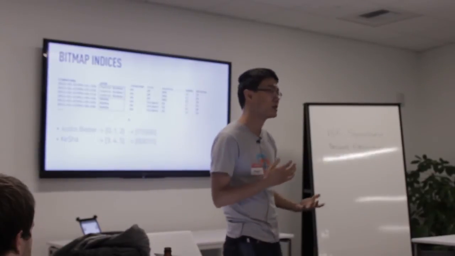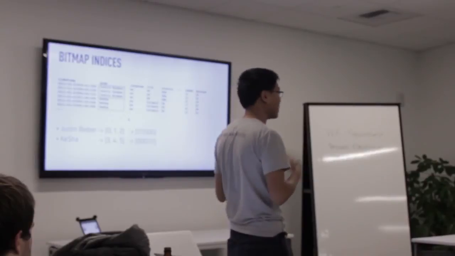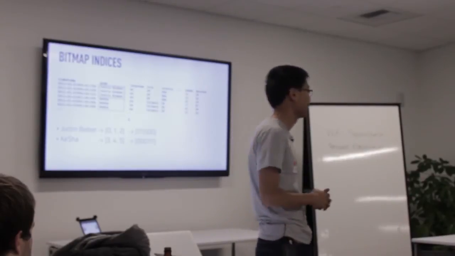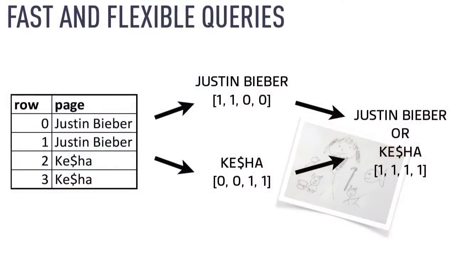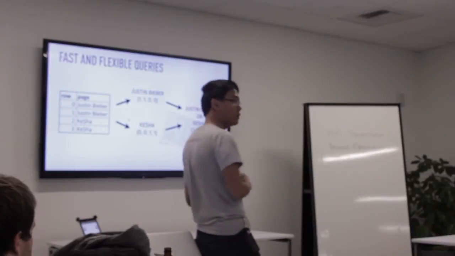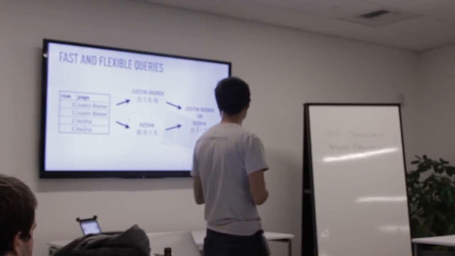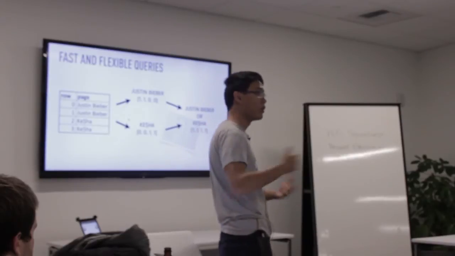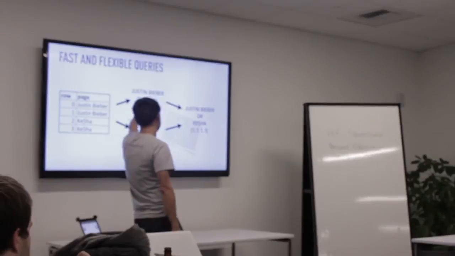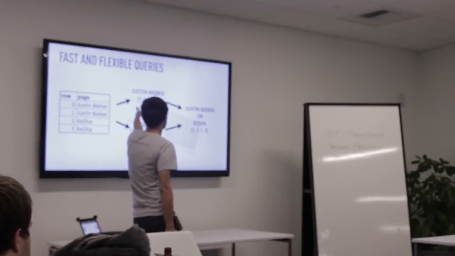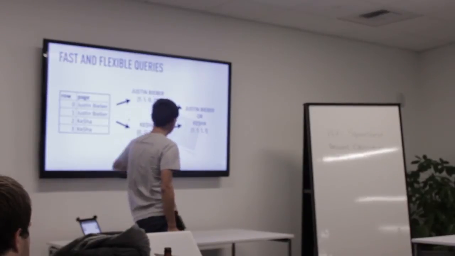If you're familiar with search engines at all, all we're really doing right now is building inverted indexes. So why do we do this? Well, let's say I issued some query and my filter was I only wanted to return those rows which contain Justin Bieber or Kesha. We can look at the bitmap index associated with Justin Bieber, which in this particular case are the first 2 rows.